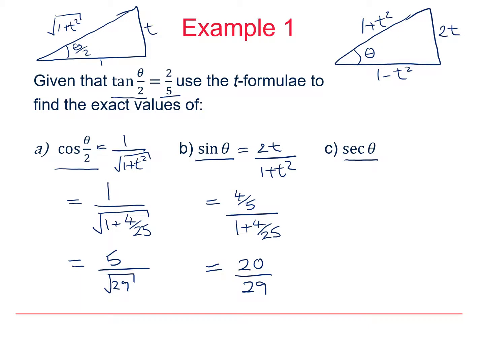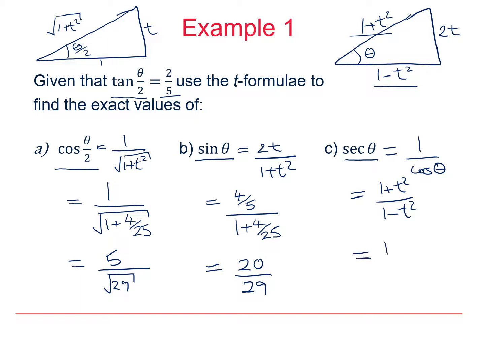The last one is sec theta, so that's going to be 1 over cos theta. Now for cos theta, it would normally be 1 minus t squared over 1 plus t squared, but because I'm taking the reciprocal, I've got to take the reciprocal of the cos as well. So that's going to be 1 plus t squared over 1 minus t squared.